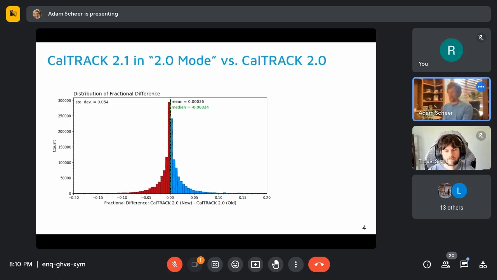You can see that the mean fractional difference between these two models is well under 1%. It's actually under 1/10 of 1%. And the median difference is even smaller than that, under 1/10 of a percent, 2/100ths of a percent.